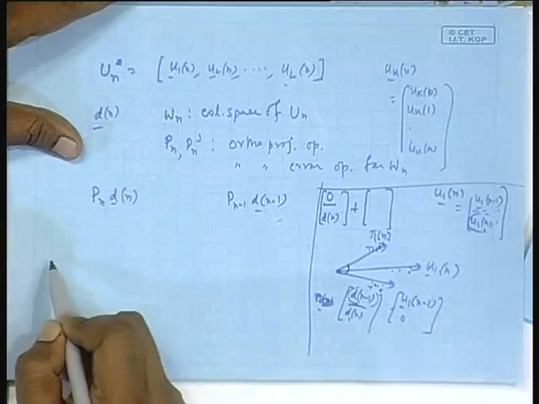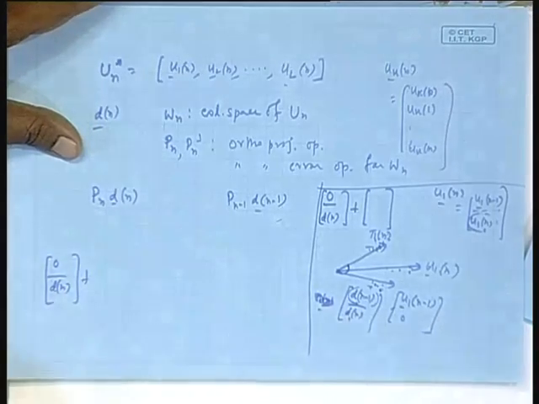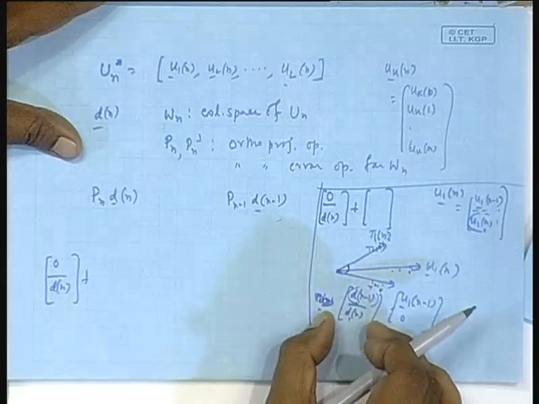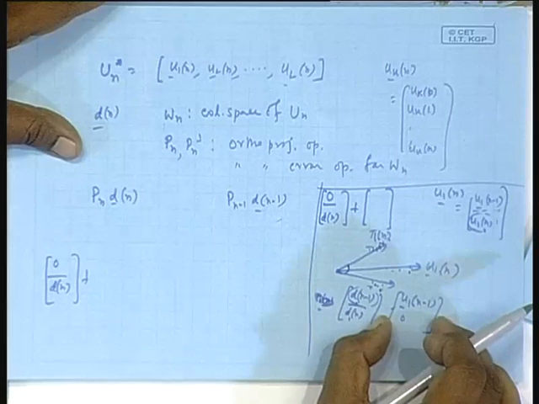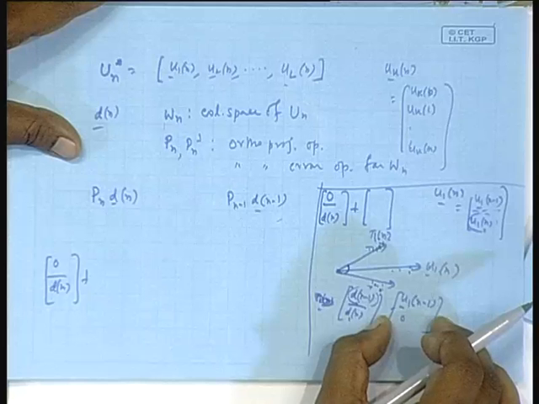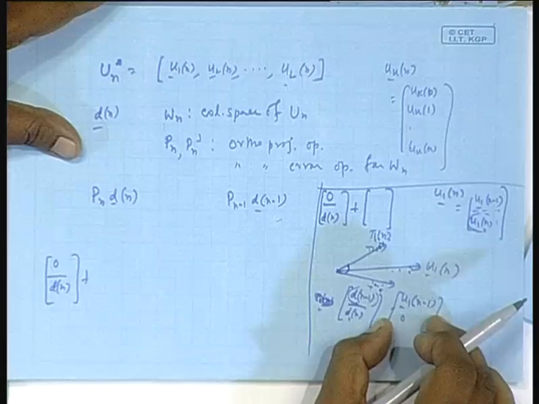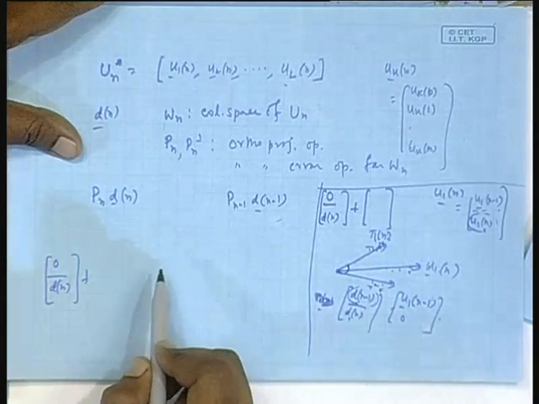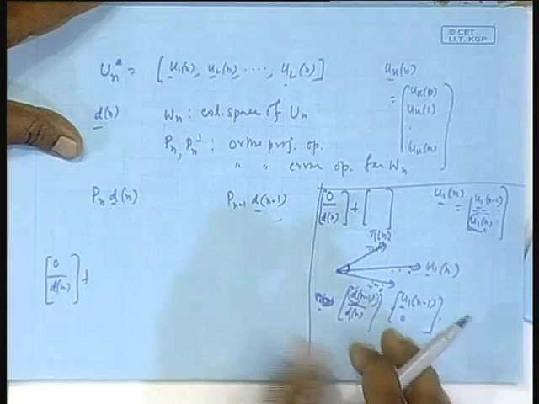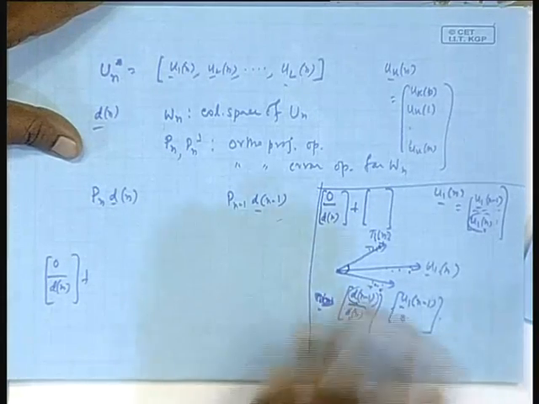Let me do it here for your sake, 0 d n, and you have to project this on this. What I am saying is this, that projection will consist of what? This vector first, this vector multiplied by constant. What is that constant? Inner product between these two divided by norm square of that. Lambda will cancel, you have seen.